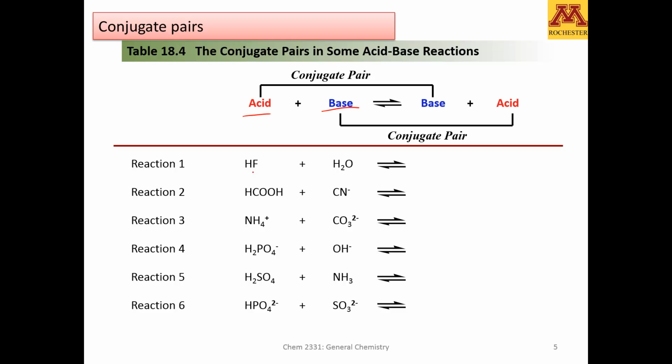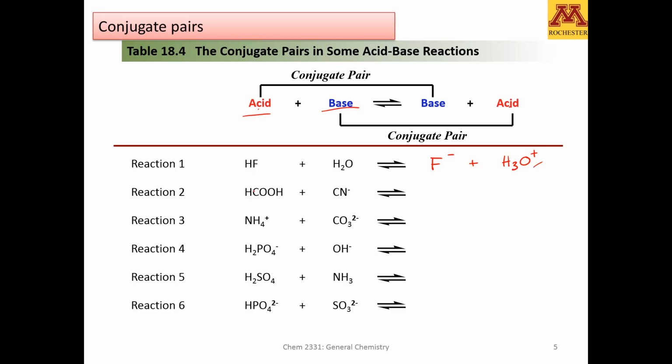In this case, hydrogen fluoride is an acid and water behaves like a base. So hydrogen fluoride will give the proton, therefore it will remain as F negative, and water will accept a proton. So this will be the conjugate acid. Notice that the base becomes a conjugate acid and the acid becomes a conjugate base.